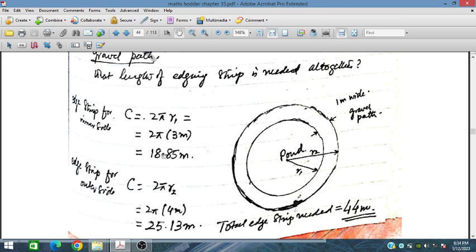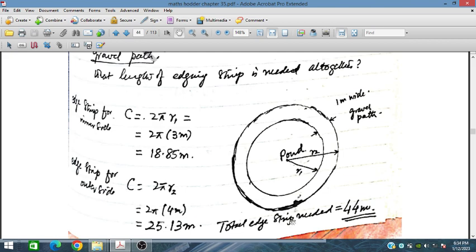So this circumference is 18.85 meters, and the edge strip for the outer is 1 meter wide. So this is 1 meter wide. So this radius is 4 meters. This 4 times 2 pi is basically 8 pi, which equals 25.13 meters.